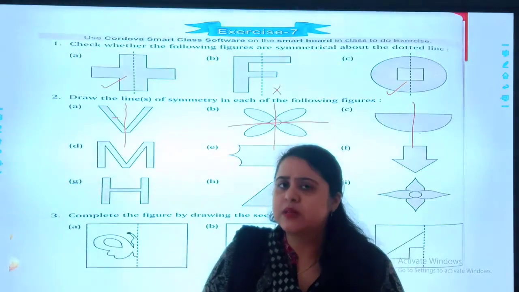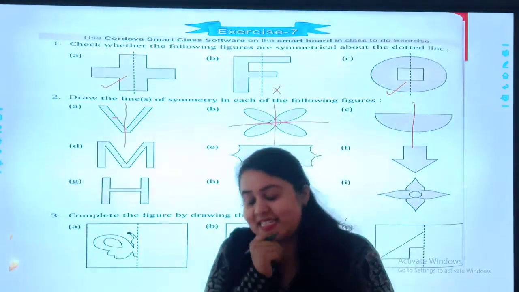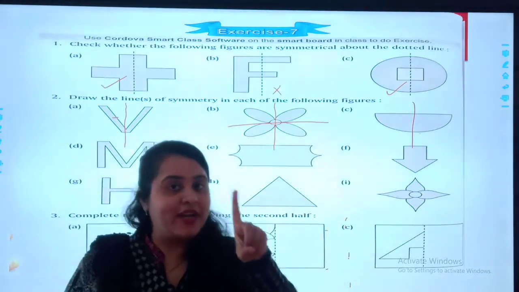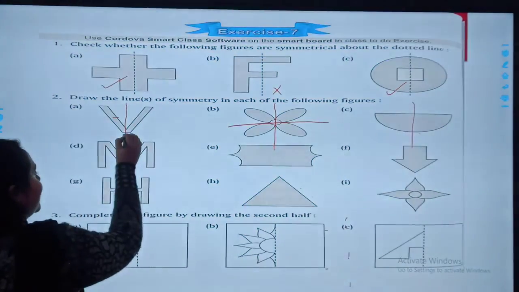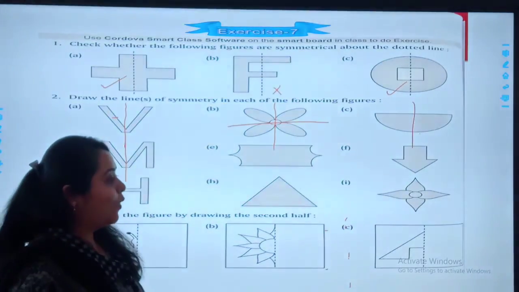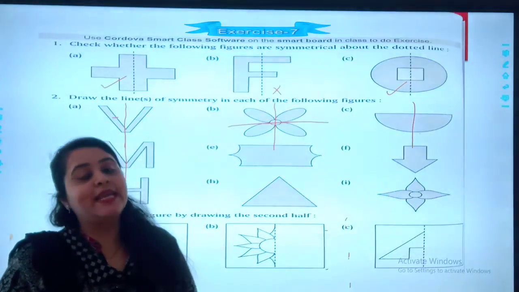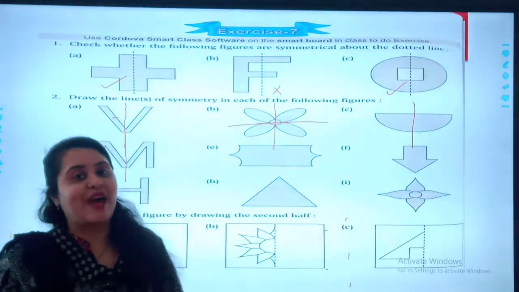So what will I do? Yes, there will be only one line of symmetry. I hope you will be able to solve the remaining sums. If you have any doubt, you are free to contact your ma'am.